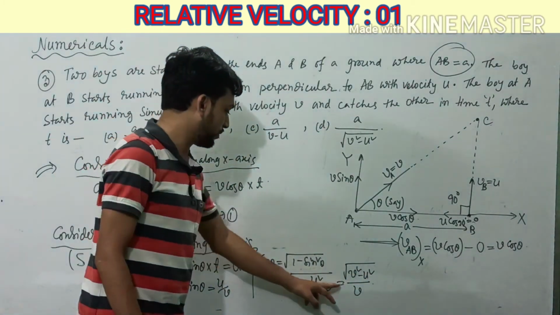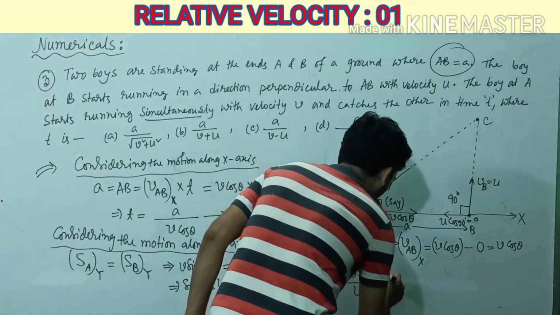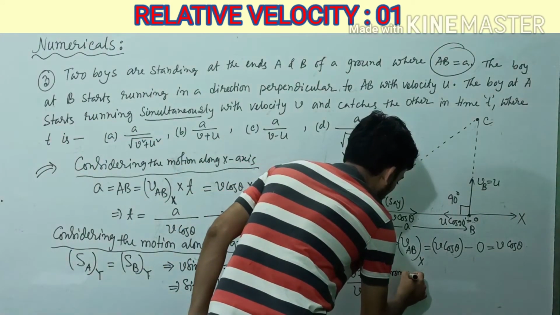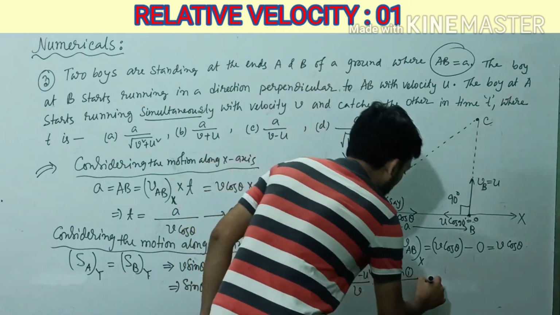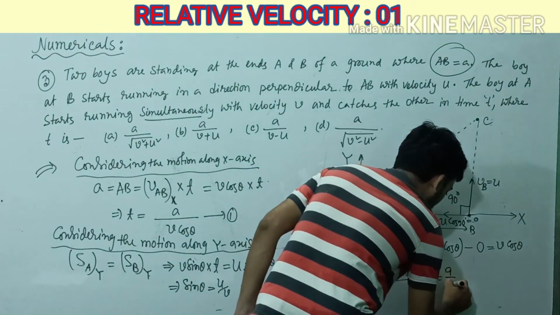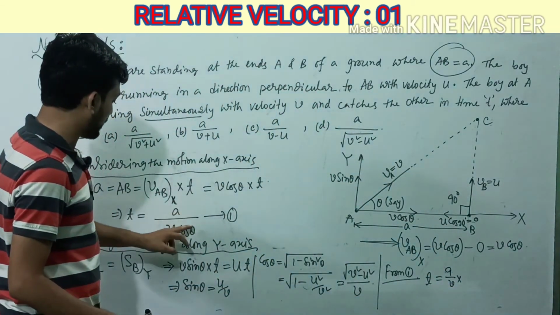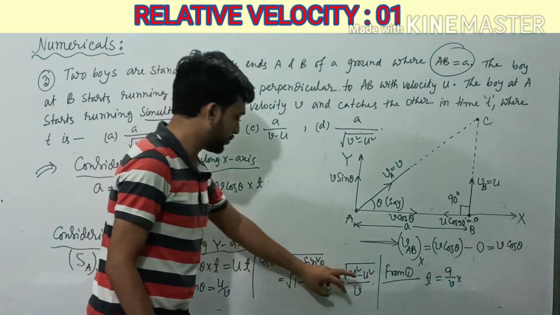Now you put the value of cos theta here in equation 1. So from 1, t will be a by v multiplied by 1 by cos theta, so you reverse this.